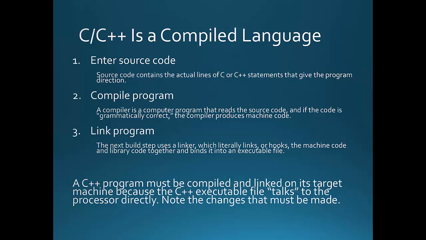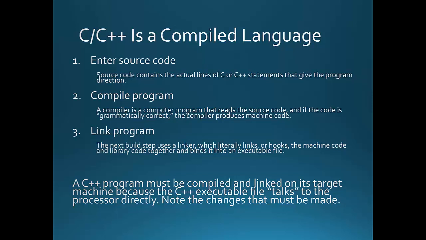You'll then run a compiler on it, or in Visual Studio, we say you build the program, and the build process will actually compile the program, which will validate that your code followed correct syntax, and then it creates an object file and then multiple object files, which will be linked together, which allows you to use libraries created by other people to create your final executable file.